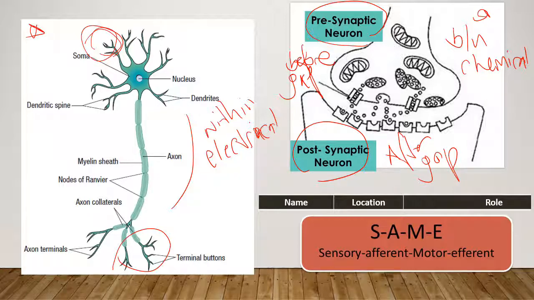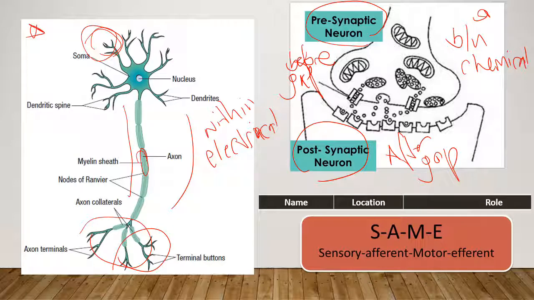Essentially, what you should be doing, regardless of these structures, when we talk about how information travels within or between, is you should be hitting your major structures as outlined by the VCAA study design, okay? So we're talking about the dendrites, the axon, the myelin sheath, and the axon terminals, if we're talking within.